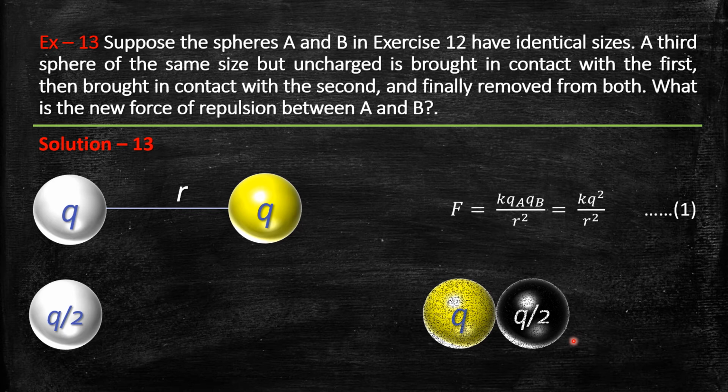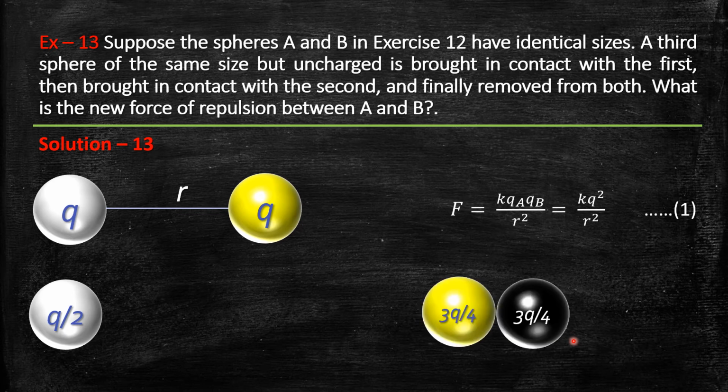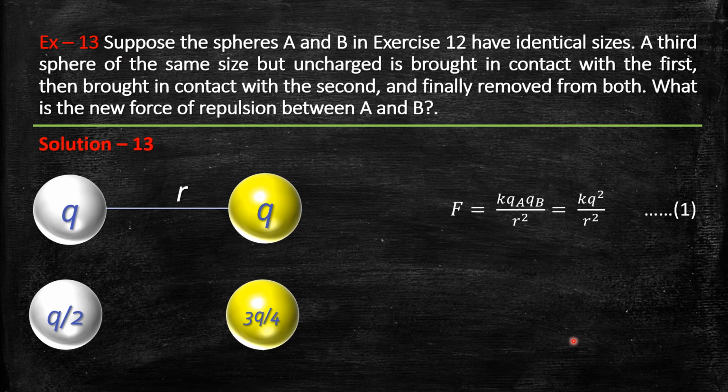So each one will have how much charge? 3 by 4 q, 3q by 4 you may say, and that is the new charge on B. Now if the distance is the same, what will happen? Here I am considering distance to be the same. So what is the force?